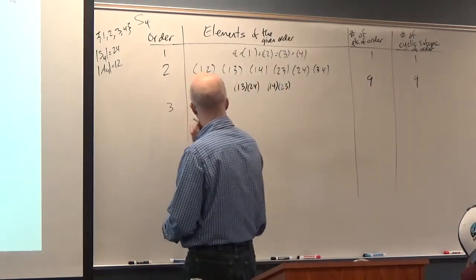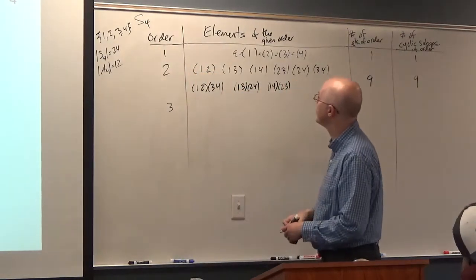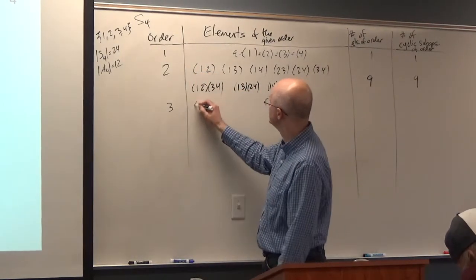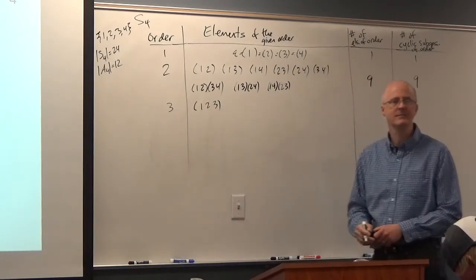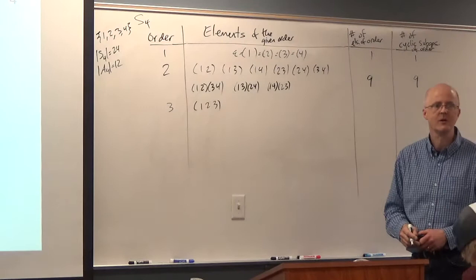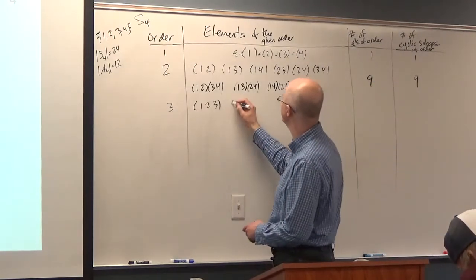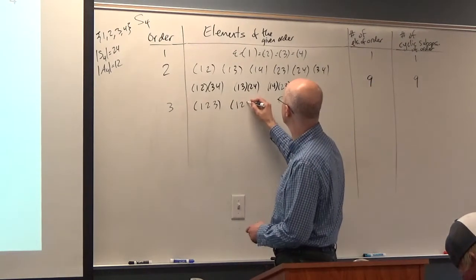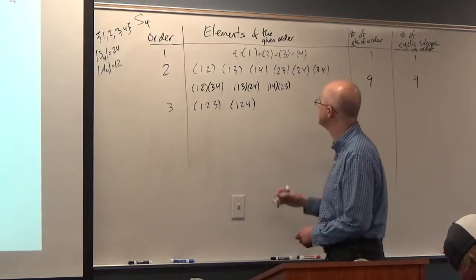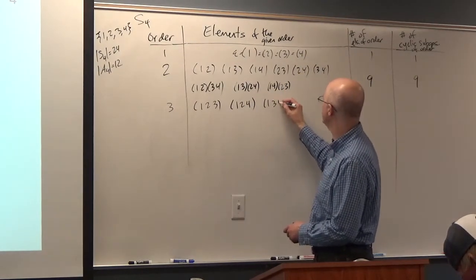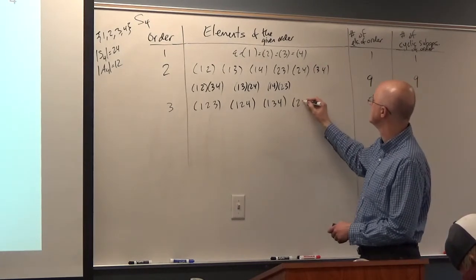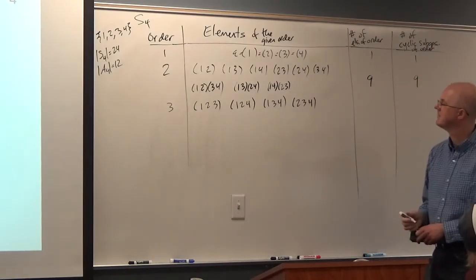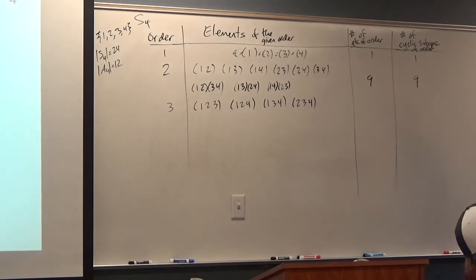Order 3. Cycles of length 3 will have order 3. (1 2 3), (1 2 4), (1 3 4), (2 3 4). Am I missing some?